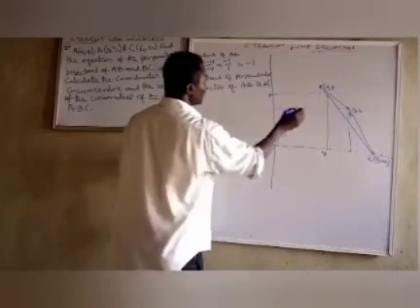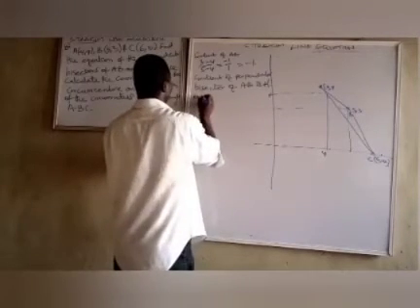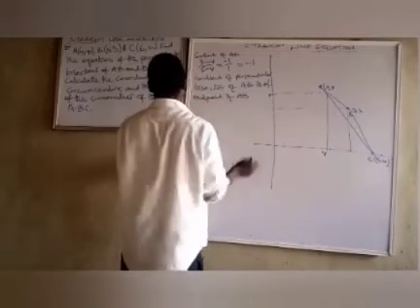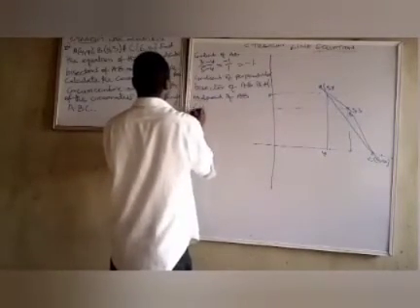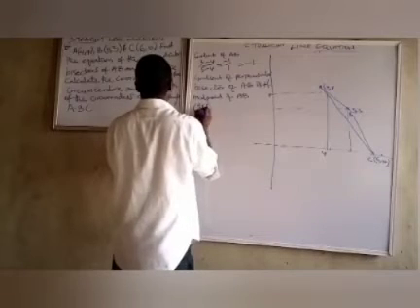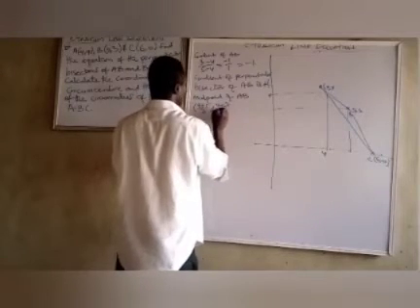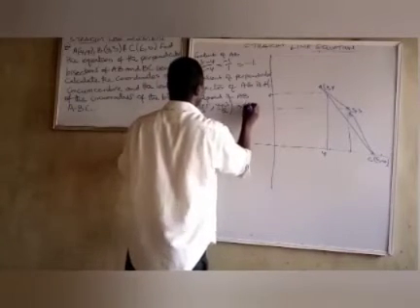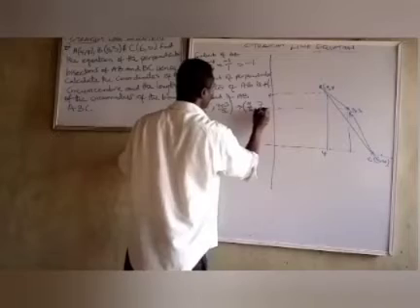Then the midpoint of AB, since that is where the line will pass through, is 4 plus 5 over 2 and 4 plus 3 over 2. So that is 9 over 2, 7 over 2.